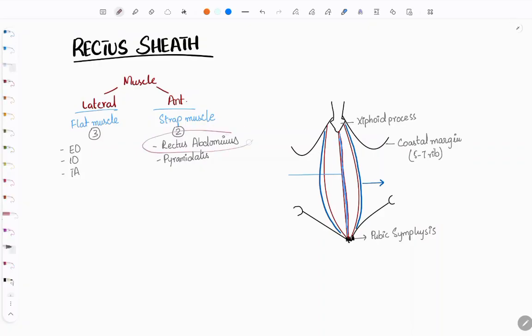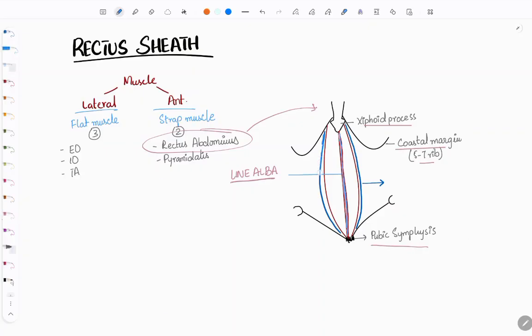The rectus abdominis, which is a long strap-like muscle extending from the xiphoid process and costal margin of 5th to 7th rib up to the pubic symphysis, is divided by a tendinous band known as the linea alba. The linea alba is a fibrous band that separates the rectus abdominis into two halves.